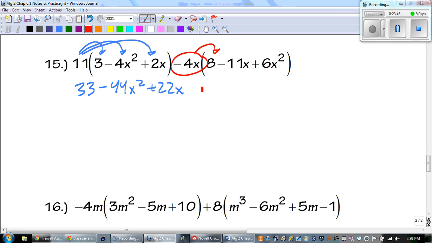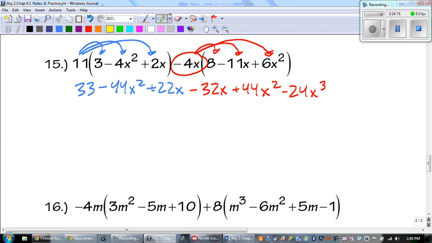Negative 4x times 8, well, negative 4 times 8 is negative 32x. Negative 4 times negative 11x is giving us a positive 44, and then that's going to be x squared. And then last is negative 4 times 6, which is negative 24. X times x squared gives us x cubed.